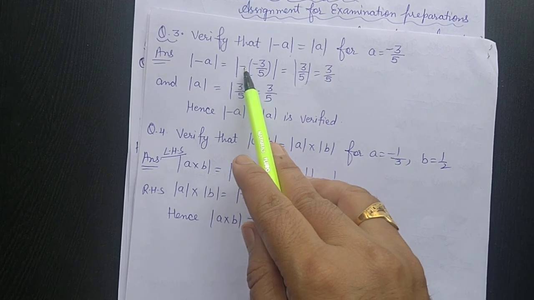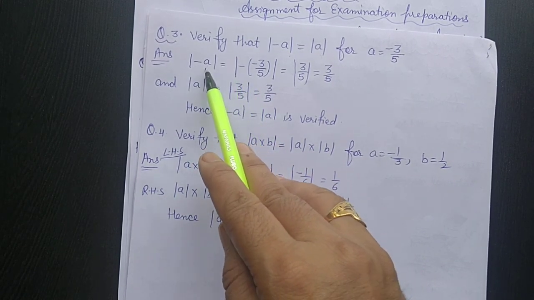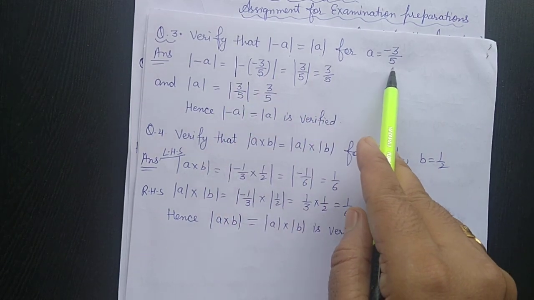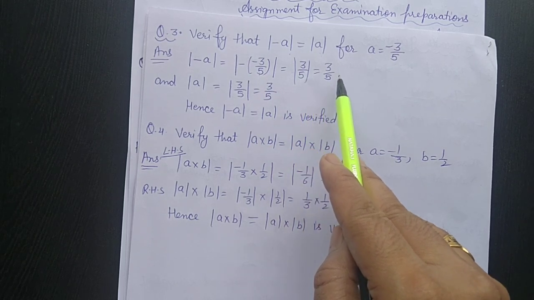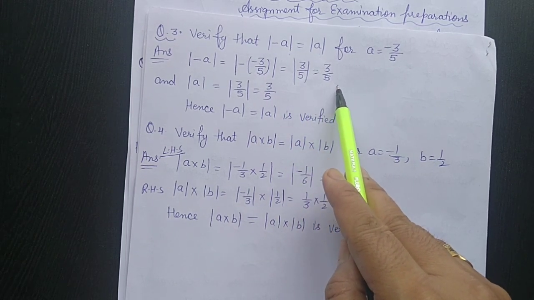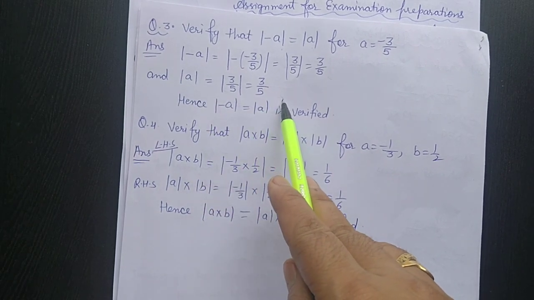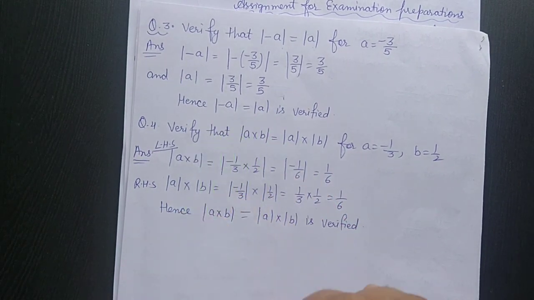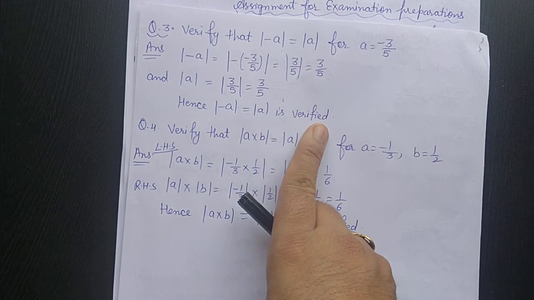Then this extra minus is of this minus a. The value of a is minus 3 upon 5. Then minus minus is positive. So its value will be 3 upon 5. And also mod of a will give us 3 upon 5. So hence you can write mod of minus a is equal to mod of a is verified.